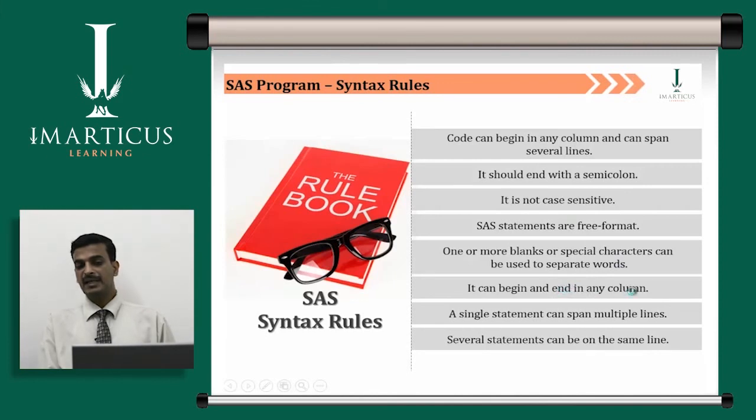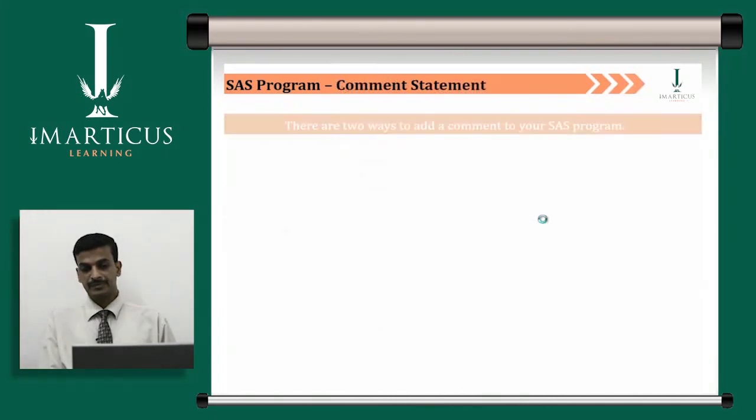It can begin and end in any column. A single statement can span multiple lines. Several statements can be on the same line. So you can write your entire program in one line, or you can write every keyword in a new line. In any case, SAS will successfully compile your program, execute it and show the report in the output window.